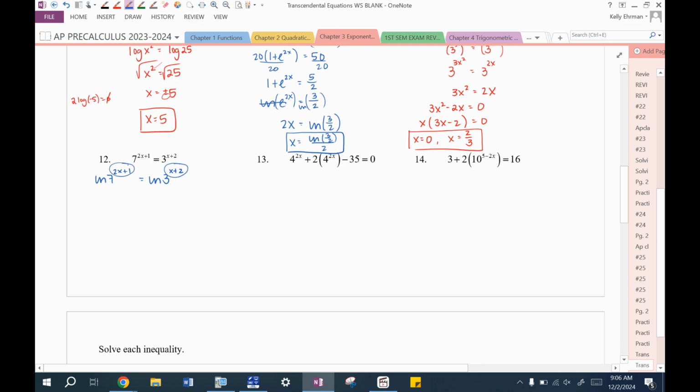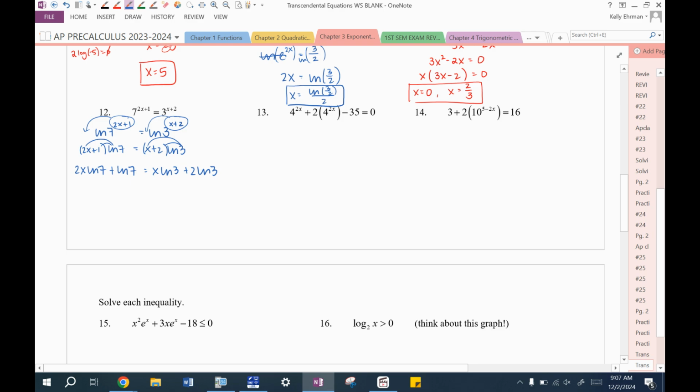I'm going to expand by bringing the exponents down into a multiplication problem with parentheses. That's important. So the quantity 2x plus 1 times natural log 7 equals the quantity x plus 2 times natural log 3. Next thing is to get rid of parentheses, distribute the natural logs through. So 2x natural log 7 plus natural log 7 equals x natural log 3 plus 2 natural log 3.